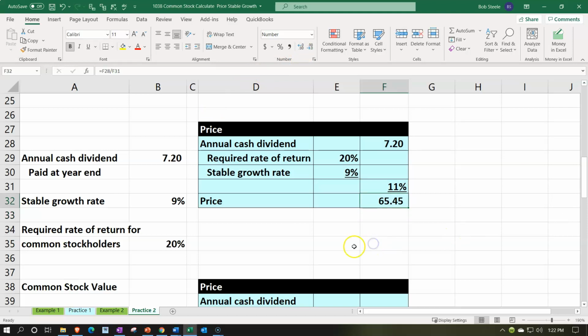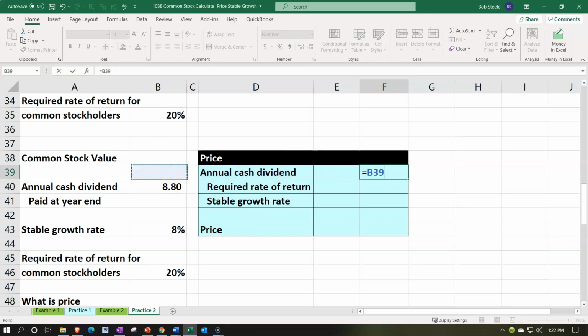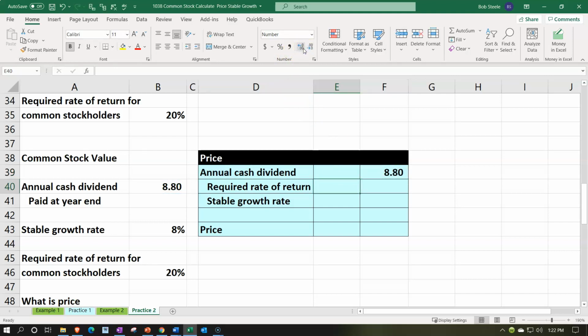Let's do it one more time. Now the assumption is the dividend is $8.80, stable growth 8%, required rate of return 20% here. So, all right, now the dividend is going to be 8.8. Let's add some decimals, numbers, decimals. And then the required rate of return this time is 20%. Going to make that a percent, numbers group, percentifying it.